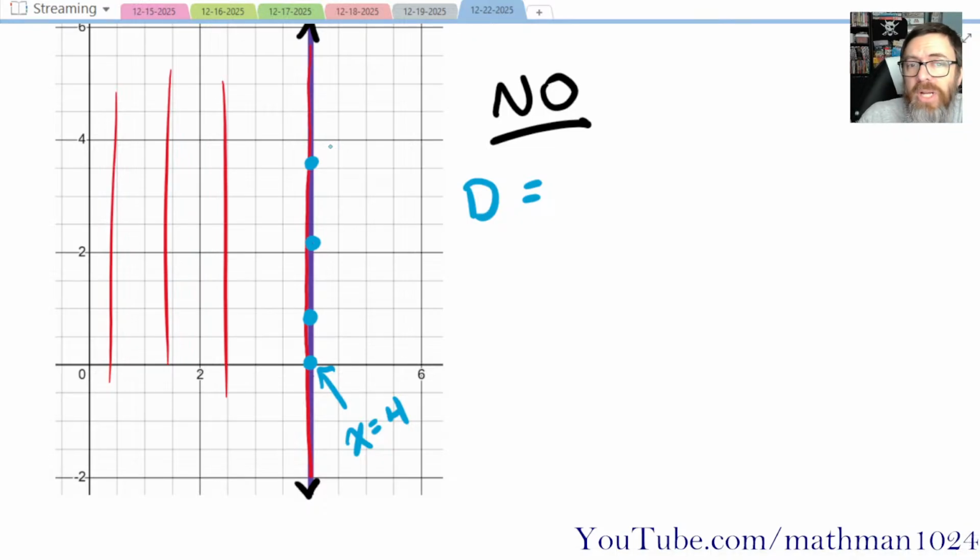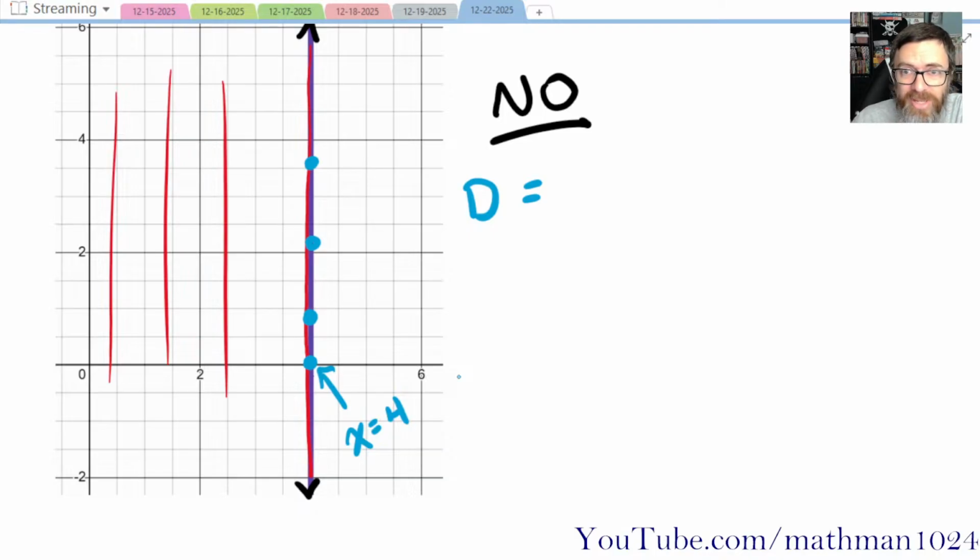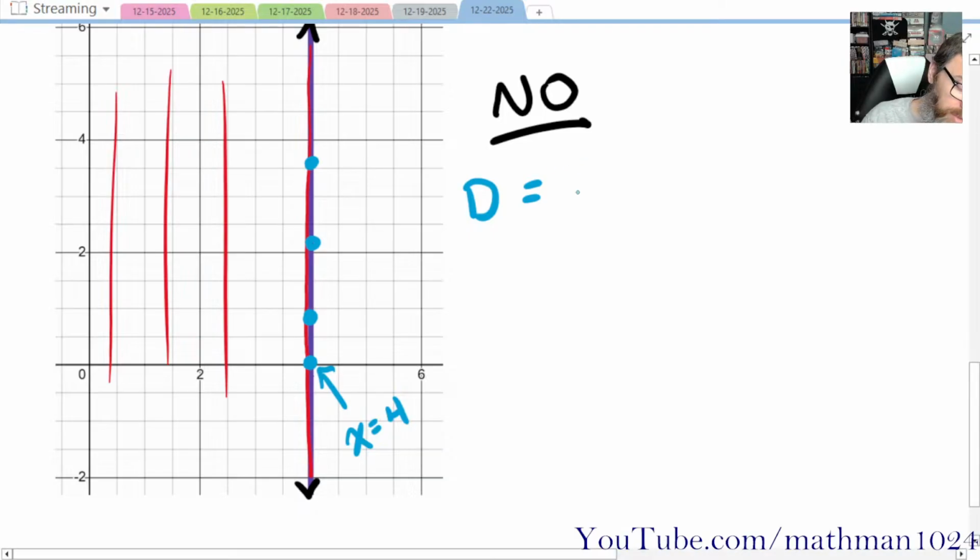Nothing else. Now, a lot of students sometimes get confused and they say, oh, from 4 to infinity. But if you were to say that for the domain, that means you're talking about 4 and going all the way out to the right. But we're not, right? Here, it's just 4. And since that is a discrete value and that is the only value, we're going to use these braces here for the set notation and just write 4.